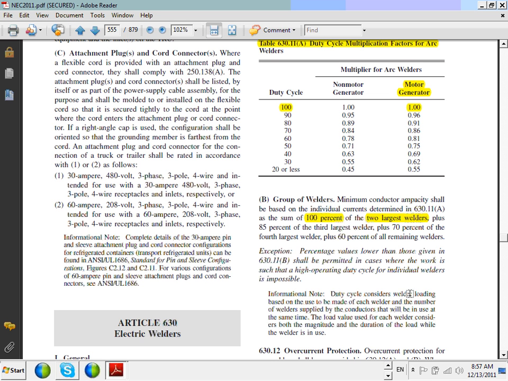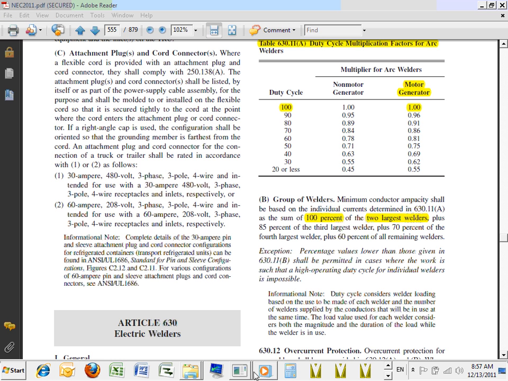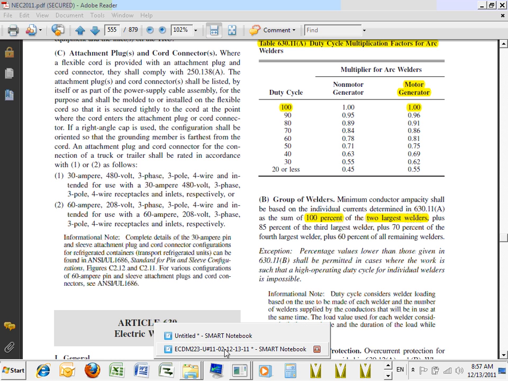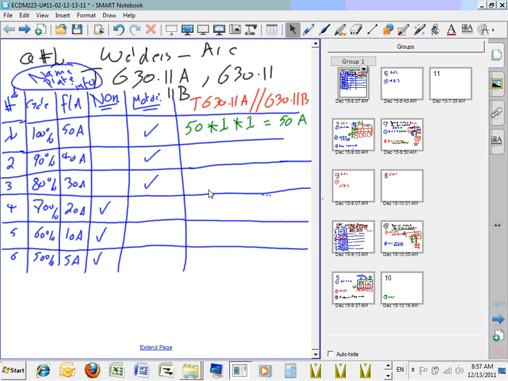Let's go back. Where are the two largest, Chris? 40 and 50 amp are the two largest. So the number one is 100%, and another 40 times 100%, multiplied by the cycle.